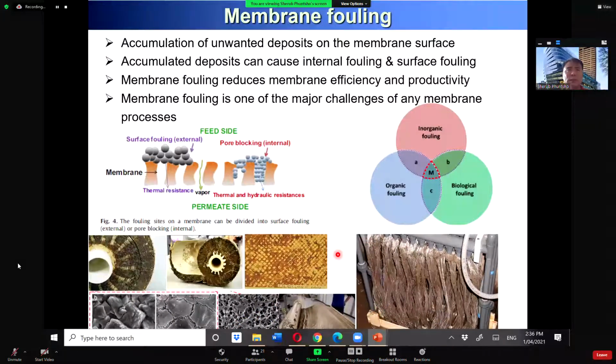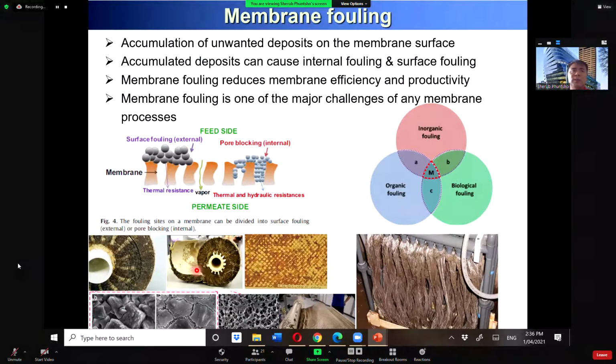But they have a lot of problems with the membrane. It's not that it's very versatile, but still it's a lot of challenge. Fouling is one of the biggest challenges. Fouling means the deposition of all these particles, like organics, inorganics, everything. If you look at the photos here, the membranes become very fouled. All the microorganisms and organics can be deposited on that.